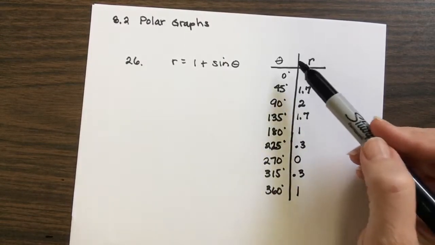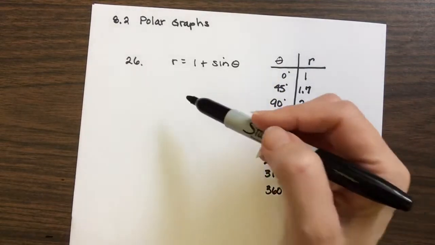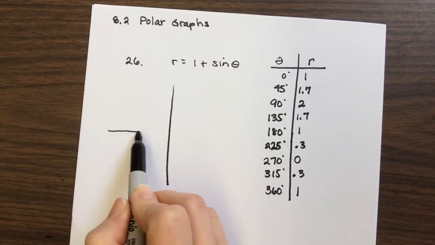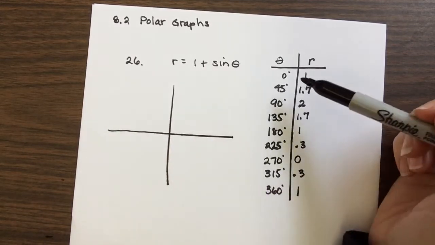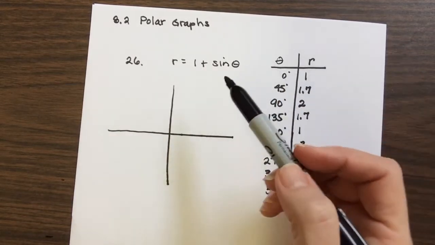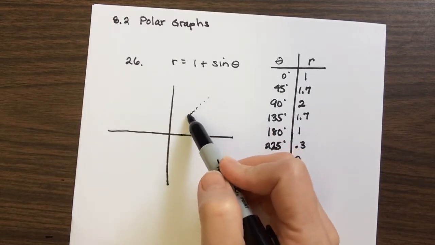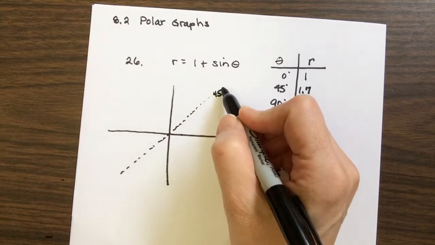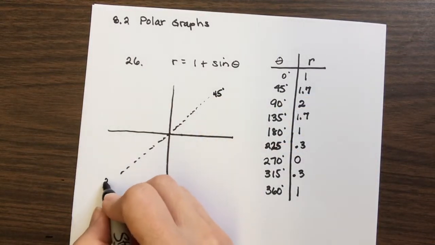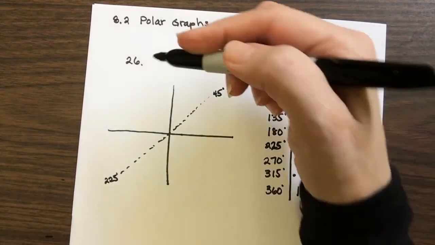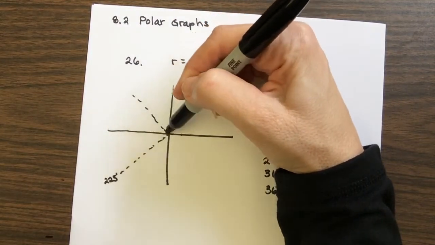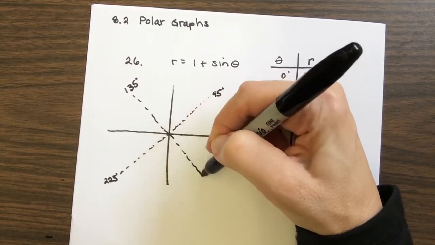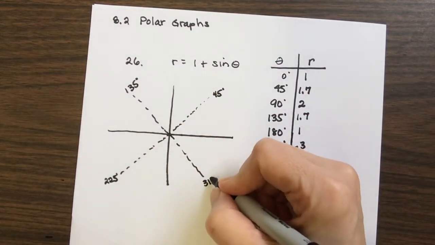Alright, now remember that these are polar coordinates, so we're graphing those just like we did at the very beginning when I introed polar coordinates. So if I'm looking at this, and I used 45 degree increments, I'm going to split that up just so we can see what's going on here. Alright, so there's my 45 degrees, there's 225 degrees, there is 135, and here is 315.